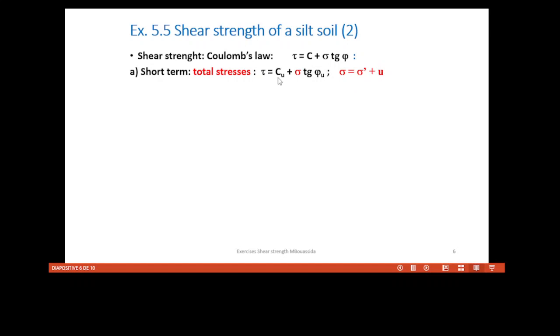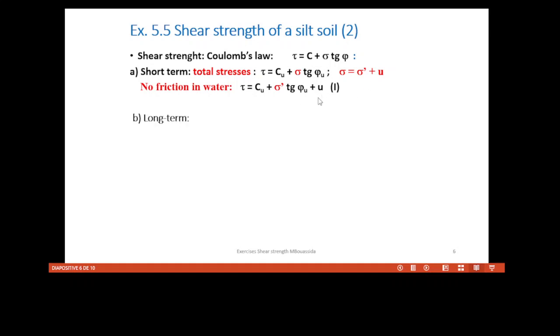When we substitute the c and phi corresponding to the short term, we obtain Cu plus tangent phi u multiplying sigma, that is total stress. When we substitute sigma by the sum, we get sigma dash multiplying tangent phi u, but we will also have u multiplying tangent phi u.